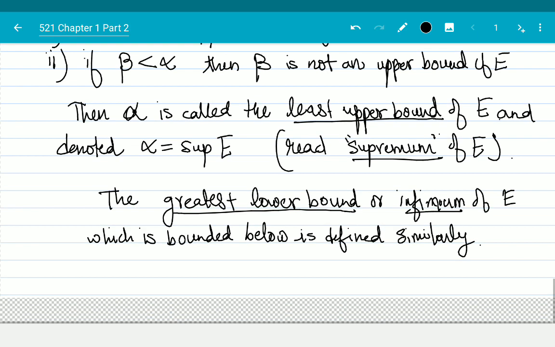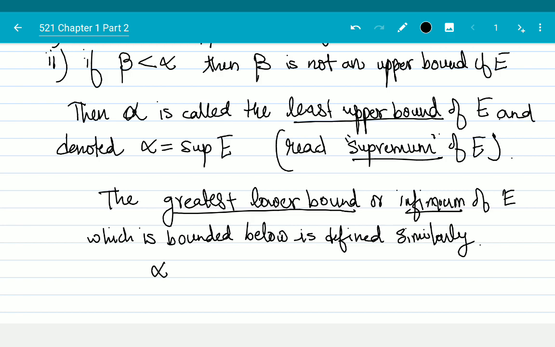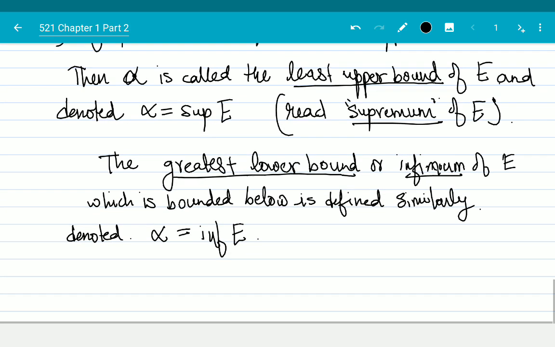And we will denote it by alpha equals infimum of E.